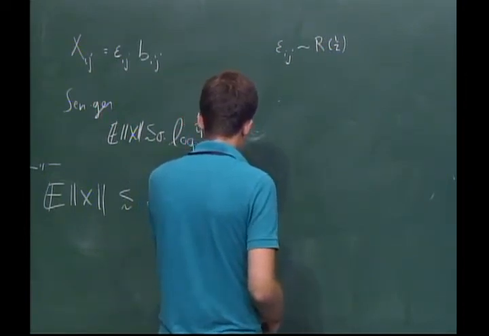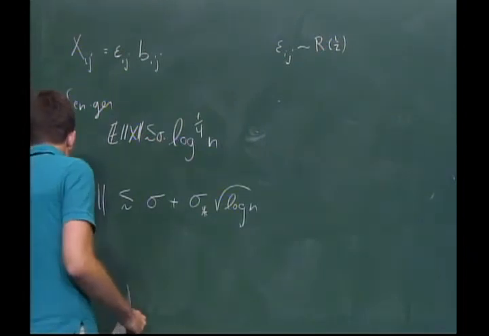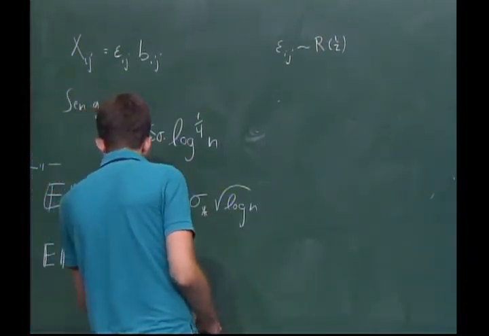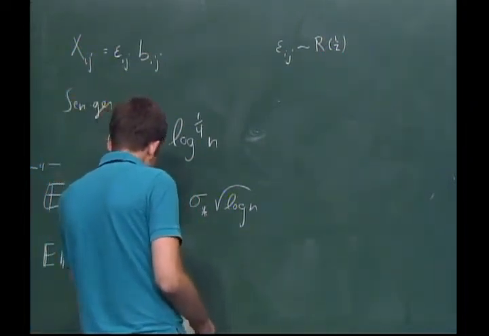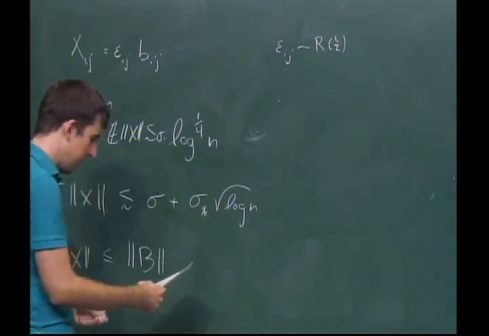Okay, so we know this. On the other hand, we know for a fact that the expected norm of X needs to be smaller or equal than the spectral norm of B. It's just the triangle inequality. The worst thing I can do is put 1s everywhere. This will increase the spectral norm the most. You can see that by the triangle inequality.